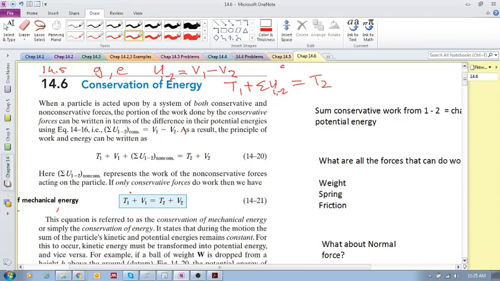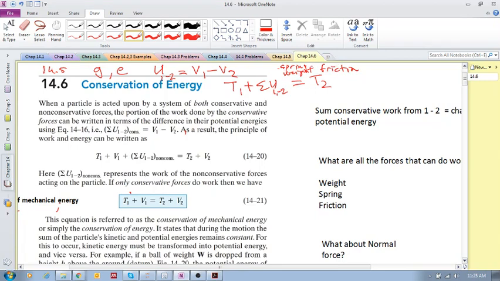Well, we saw a spring force, we saw weight, and we saw friction. We did see others, but I'm just going to focus on these now. So in the principle of work and energy, we could potentially have had work done by a spring force, work done by weight, and work done by friction.